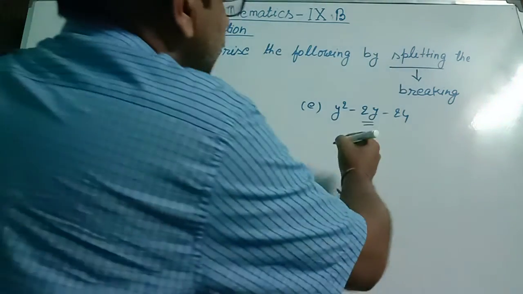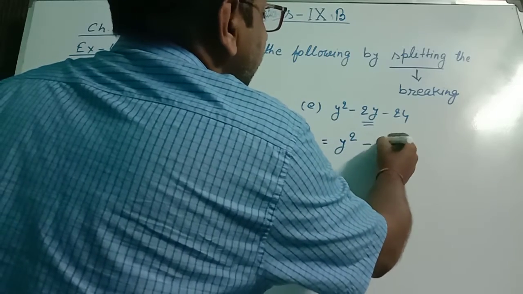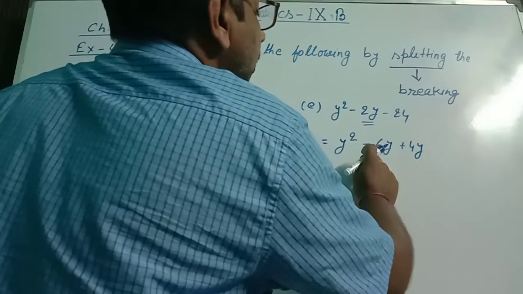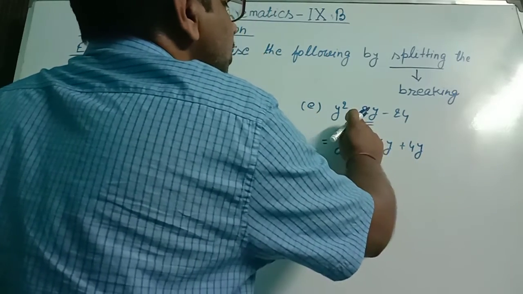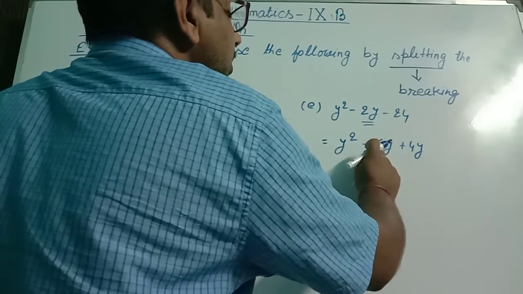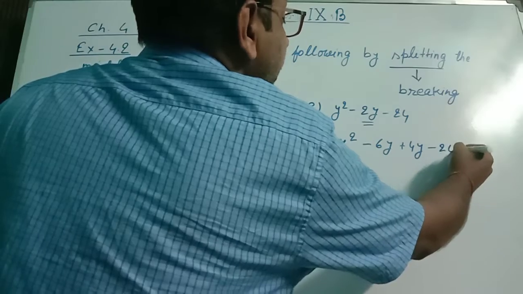So we will split the middle term in this way: y square minus 6y plus 4y. Minus 6y plus 4y equals minus 2y, and the multiplication of the coefficients of these two y's, 6 into 4, equals 24. So our splitting is correct.